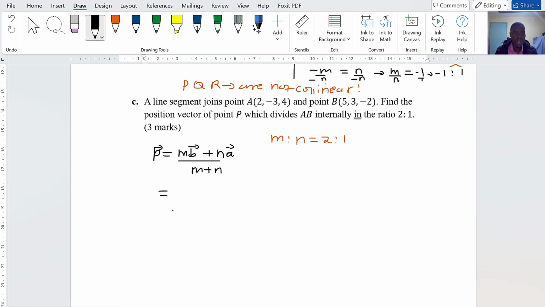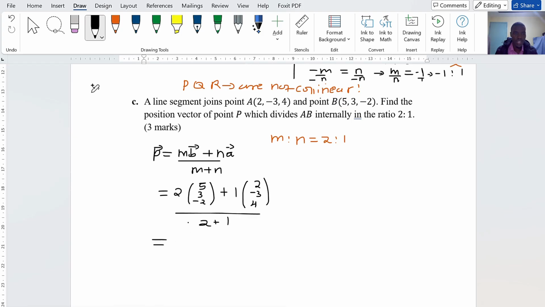Now let's put them back. Our M is 2 times the vector B, which is 5, 3, negative 2. Then plus, since this is internal division, N, which is 1, times vector A, which is 2, negative 3, 4. Then all this you divide by 2 plus 1.